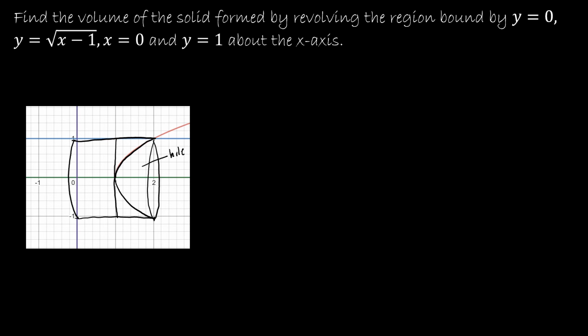So the first thing I'm going to do is note that this function starts with the hole, or starts looking more like a washer at the point x equals 1. And I could find that, of course, by finding the vertex of that part of the figure.